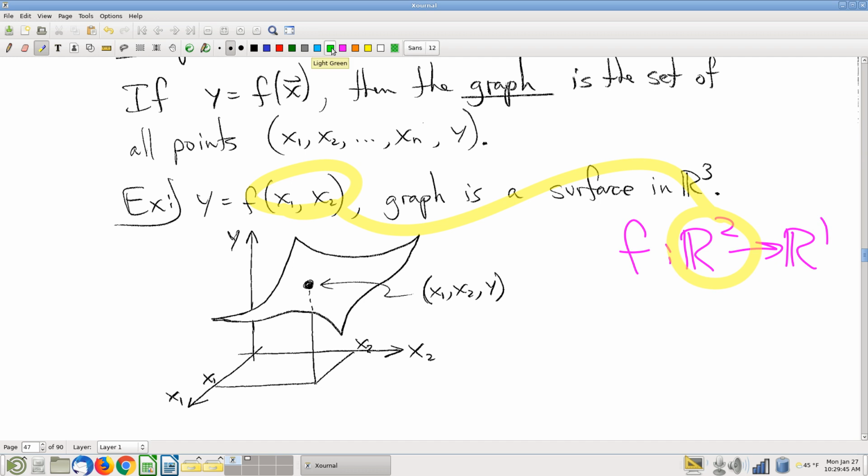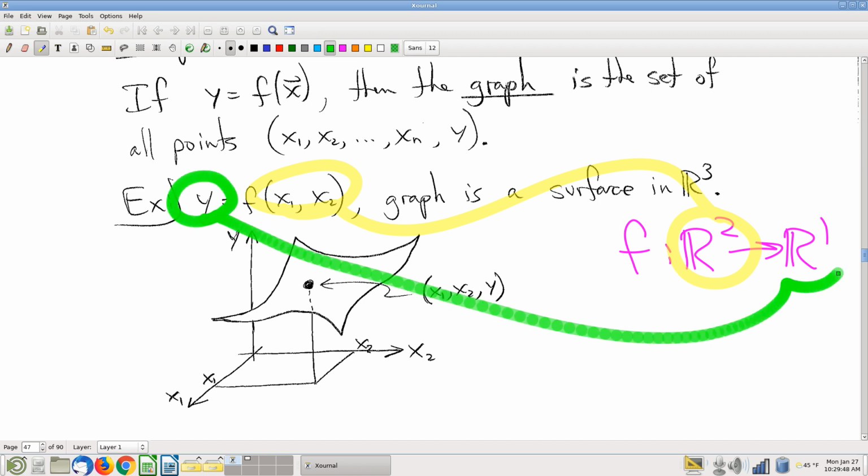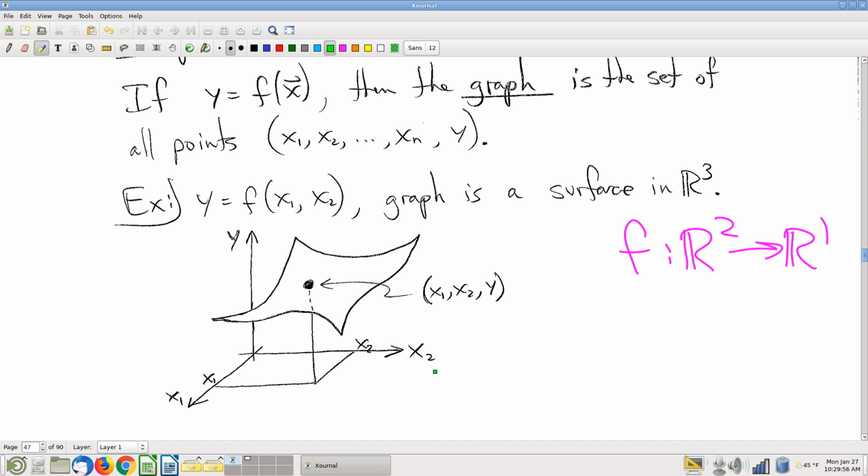The output has just 1 coordinate, so it's a vector, if you will, in R1. So a function from R2 to R1. Following the pattern, we notice that the graph is the collection of all points with coordinates like this. Write down the input coordinates and the corresponding output coordinate as coordinates of a single point. Okay?